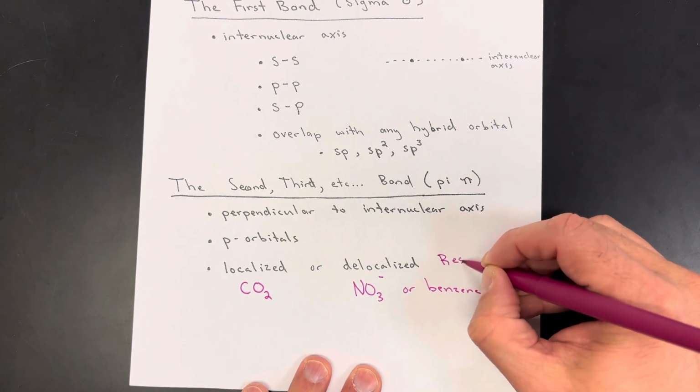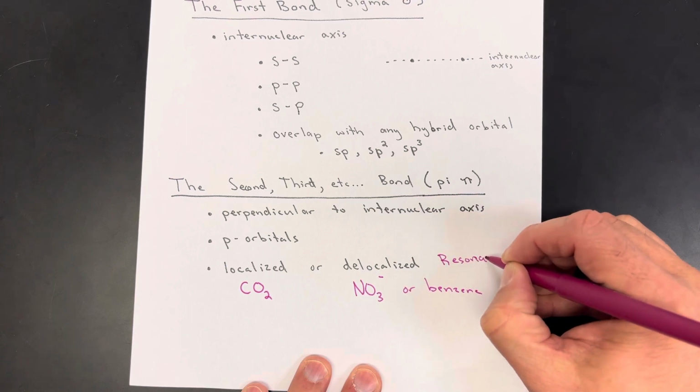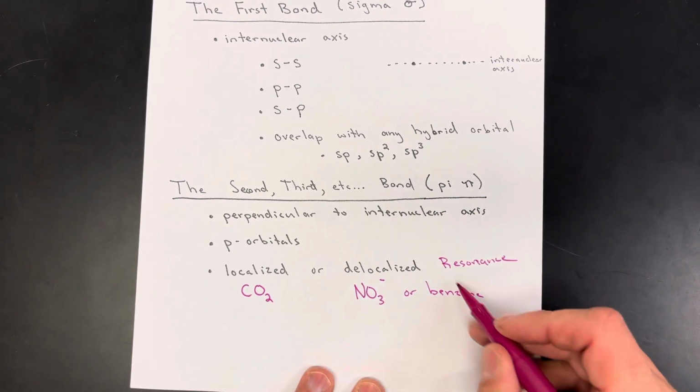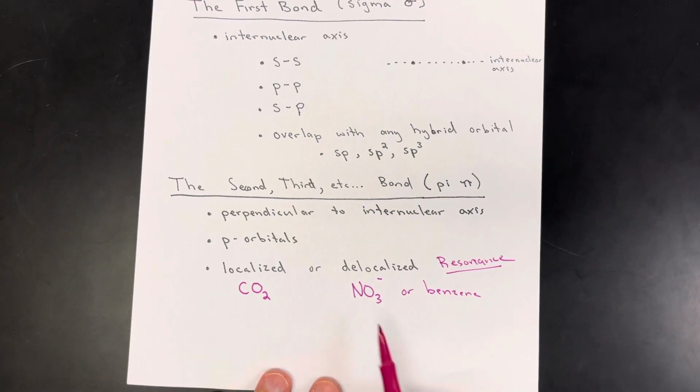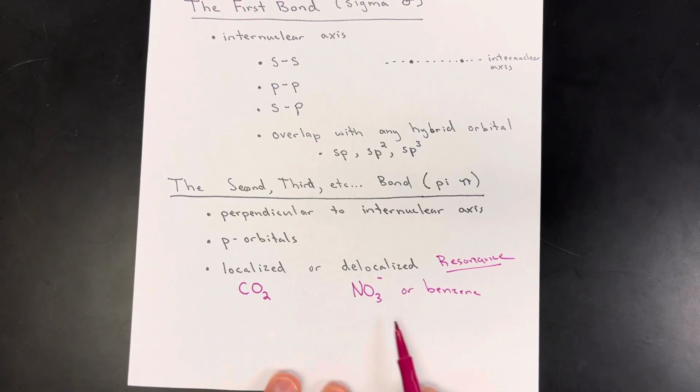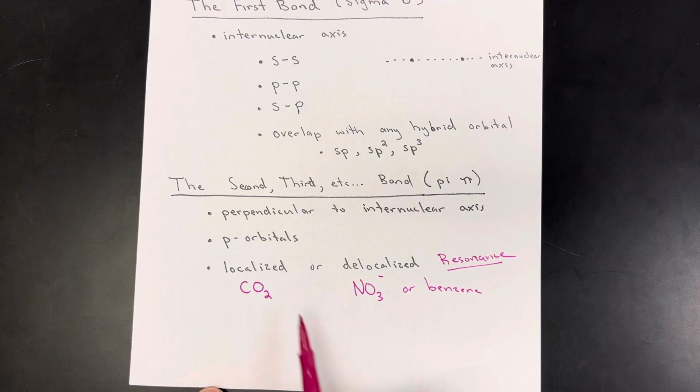And remember, you gotta have resonance as well, okay? So if there's resonance, you're going to have delocalized electrons. If there's only one model that works, then those pi bonding, the double or triple bonds, are going to stay localized just between two elements, okay?